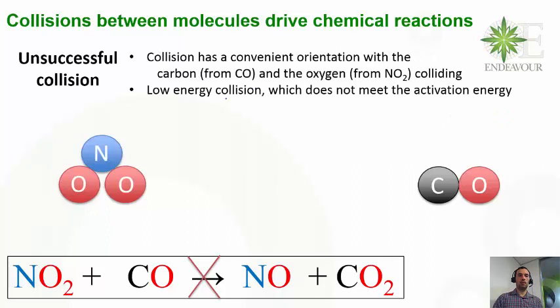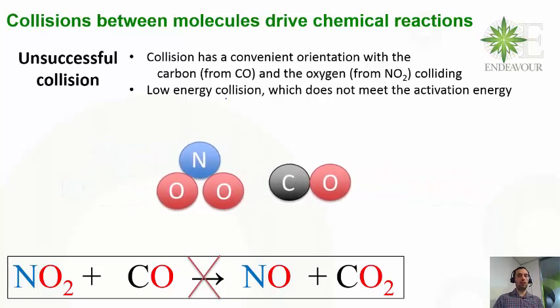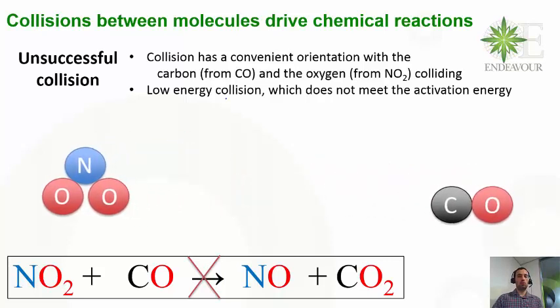And the second way we had the unsuccessful collision was if the reactants were approaching each other slowly and therefore not able to generate enough energy to start the reaction. So it goes back to a point we saw on the slide earlier, the fact that most collisions between reactant molecules actually do not result in a chemical reaction, because they need to have these two things met.